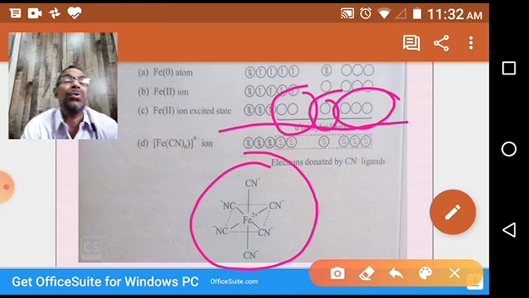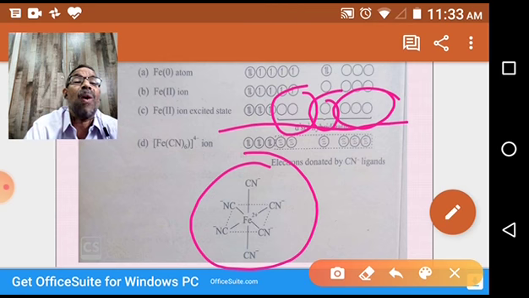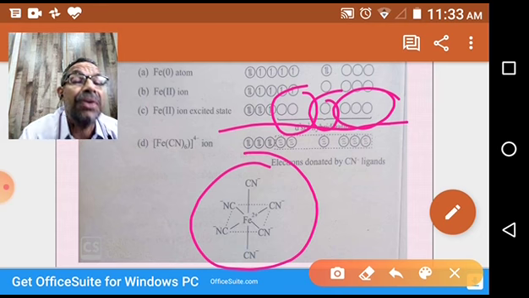Octahedral geometry. We know in d2sp3 hybridization, all 6 hybrid orbitals occupy all corners of the octahedron shape. At the center of this octahedron, iron Fe+2 occupies. So due to this type of geometry, this compound exhibits octahedral geometry.